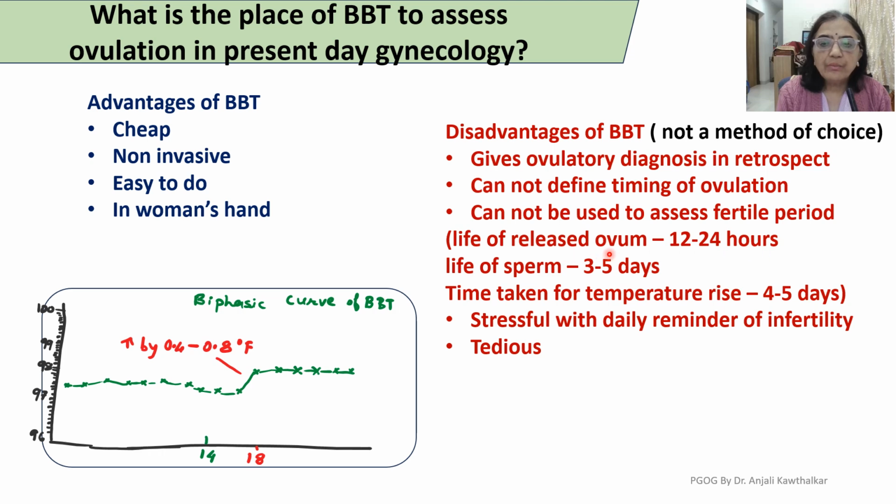The ovum can get fertilized after ovulation for the next 12 to 24 hours only, whereas the life of a sperm is 3 days, and it can be maximally up to 5 days.